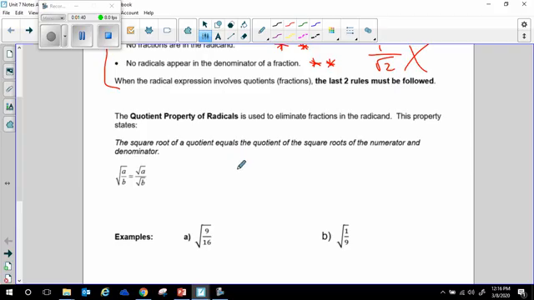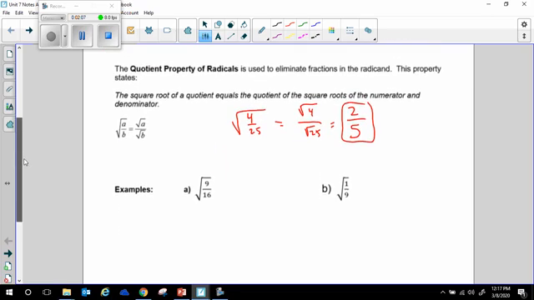So for instance, if I had the square root of 4 over 25, that would be the same as saying the square root of 4 divided by the square root of 25, which then everybody knows the square root of 4 is 2, and the square root of 25 is 5. So there you go. We could simplify the square root of 4 over 25 to 2 over 5. Okay? So with that knowledge, try letters A and B, and then check your work with mine.